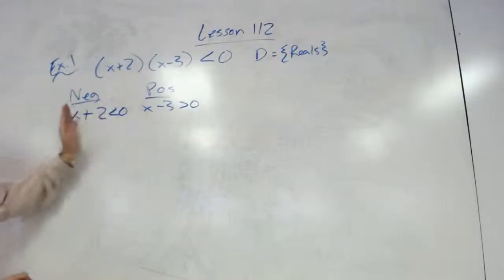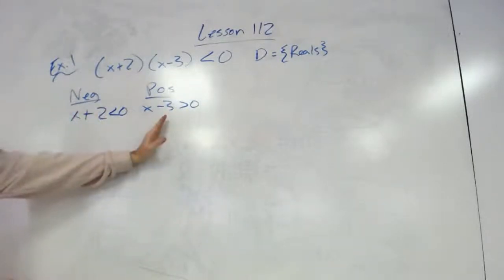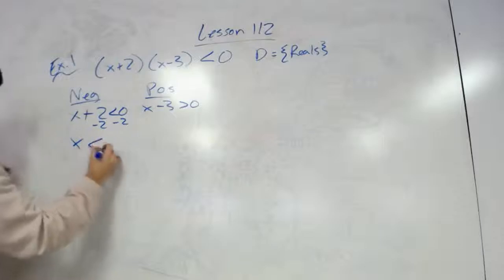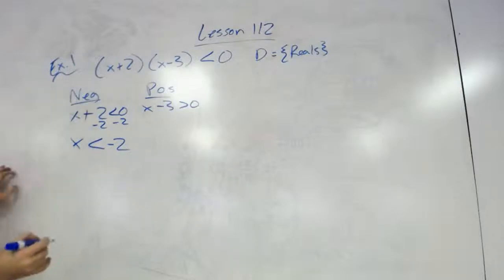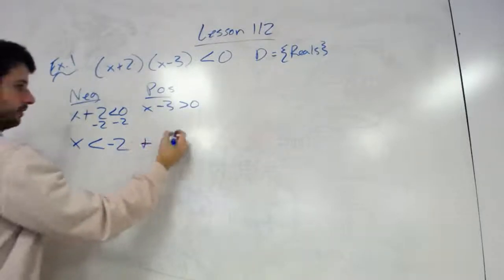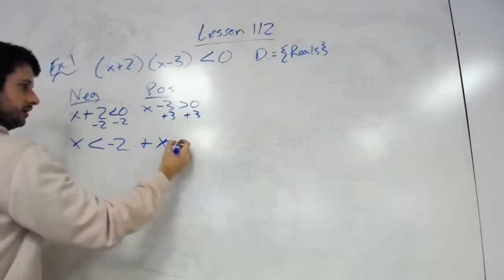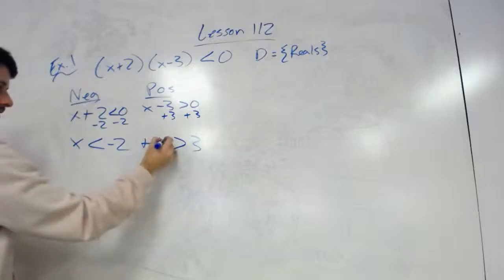Because once again, we need a negative and a positive. So if I solve this out, we would get x, because we would subtract 2, is less than negative 2. And we would get x, because we would add 3, is greater than positive 3.